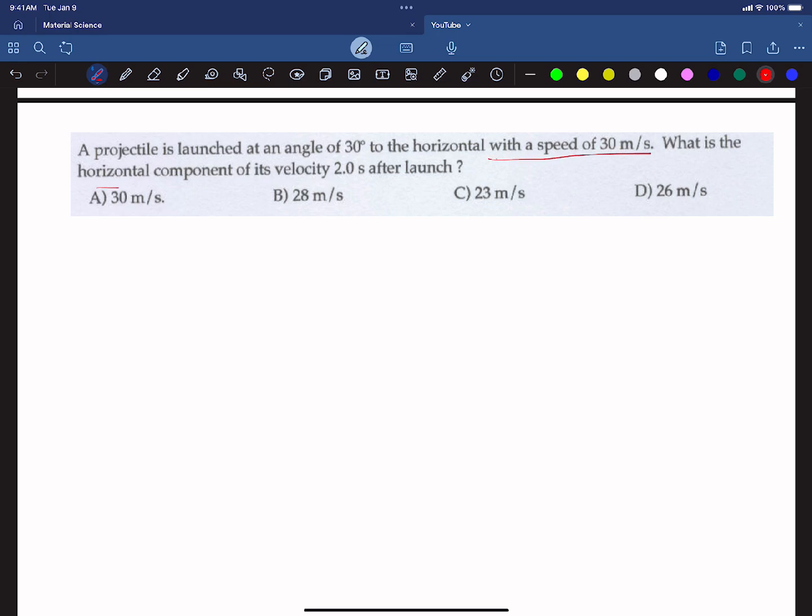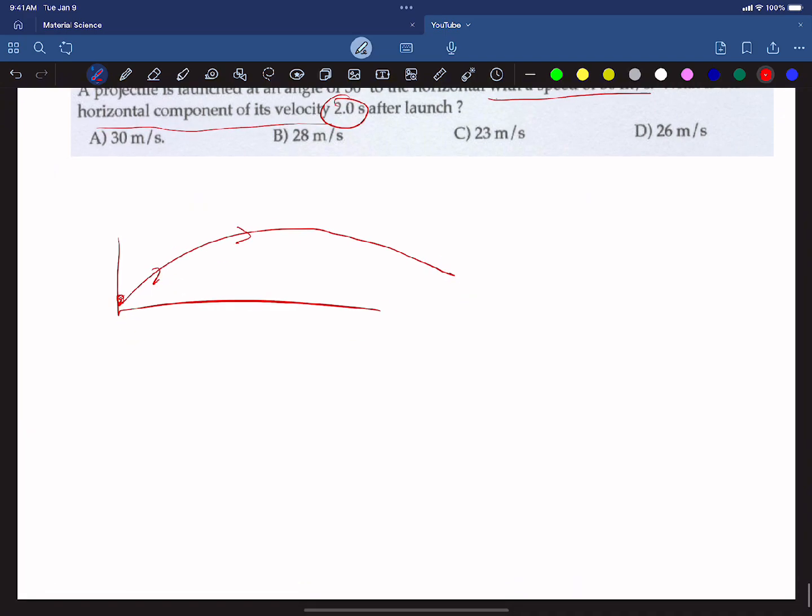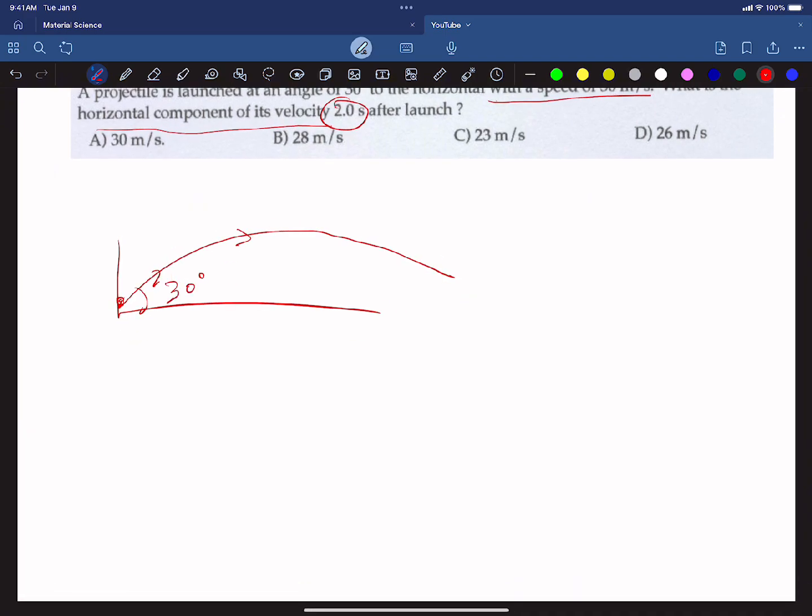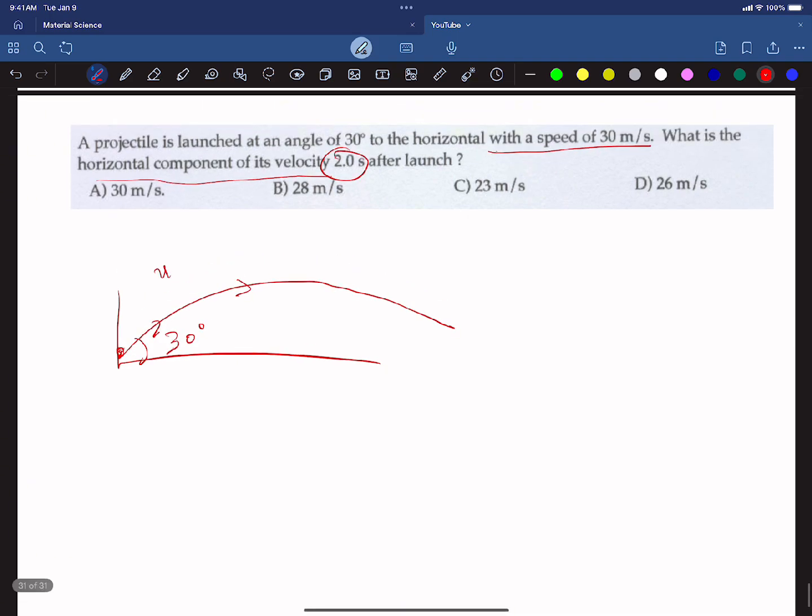What is the horizontal component of its velocity 2 seconds after the launch? So let's say something is thrown in projectile motion, at an angle of 30 degrees with an initial speed of 30 meters per second, and they want us to find the horizontal component of its velocity after 2 seconds.